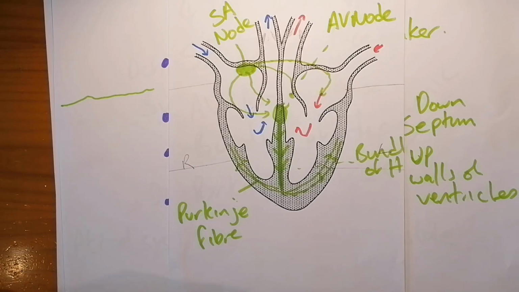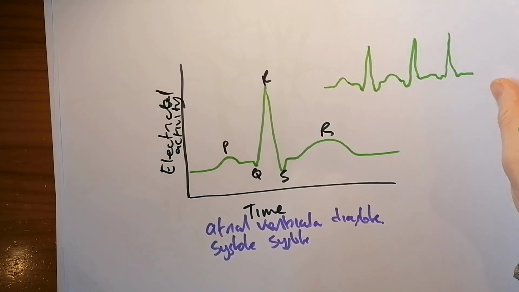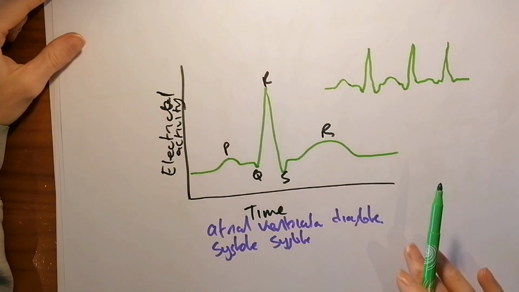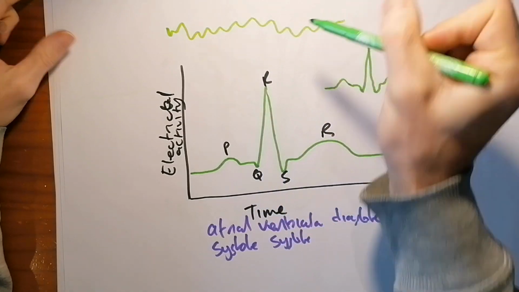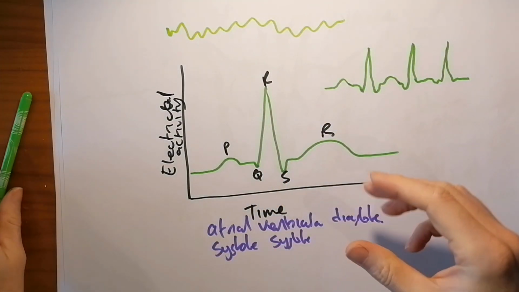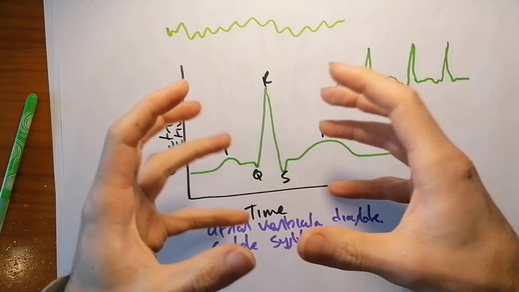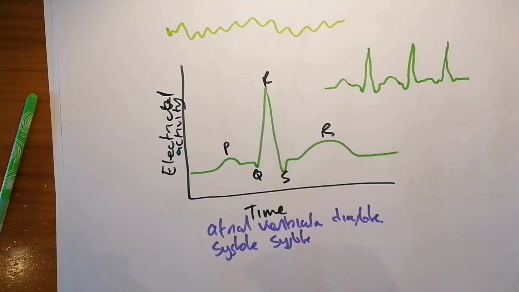If somebody is in VF, or ventricular fibrillation, that means the ventricles are doing this. They're not contracting properly, and they're not forcing blood around the body effectively.